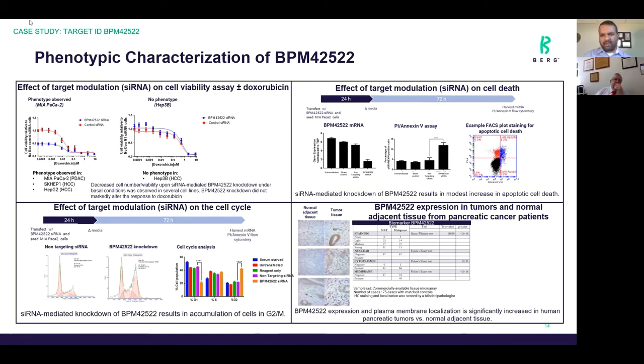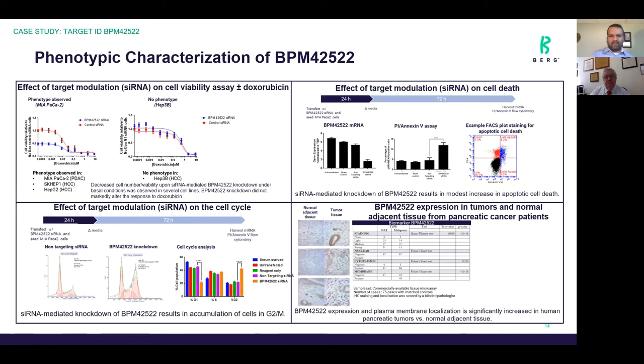siRNA, again, confirming on the right corner that there is an effect of target modulation on apoptosis and cell death. We also see a very clear G2 to M cell cycle arrest with a knockdown of the target.